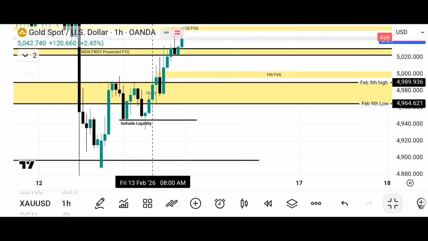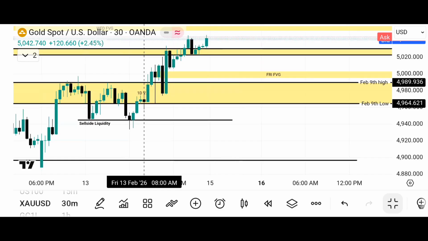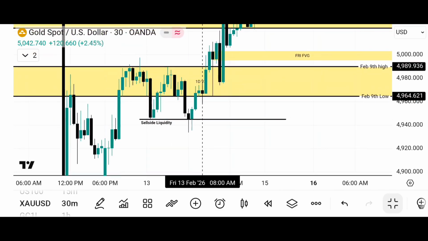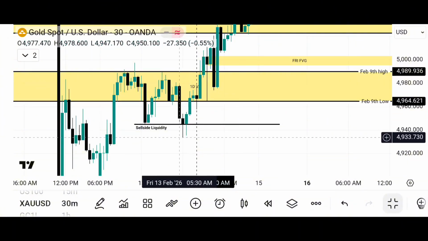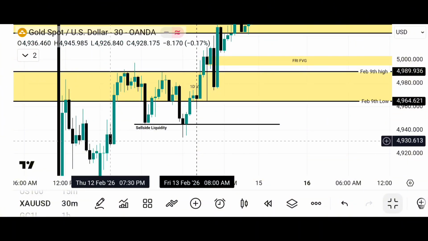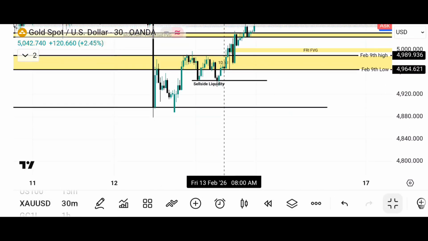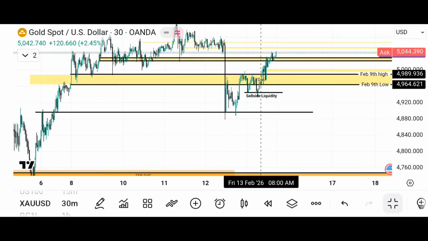Now let's drop to a smaller time frame, 30 minutes. Now this gets even more interesting. Why price drops down to take out this low to grab sell side liquidity, it trades into another order block. Now remember, price has traded into another block previously, which I showed you on the 4 hour time frame.